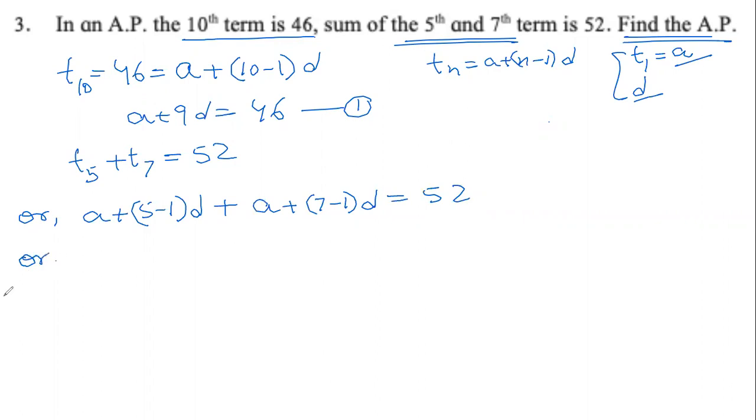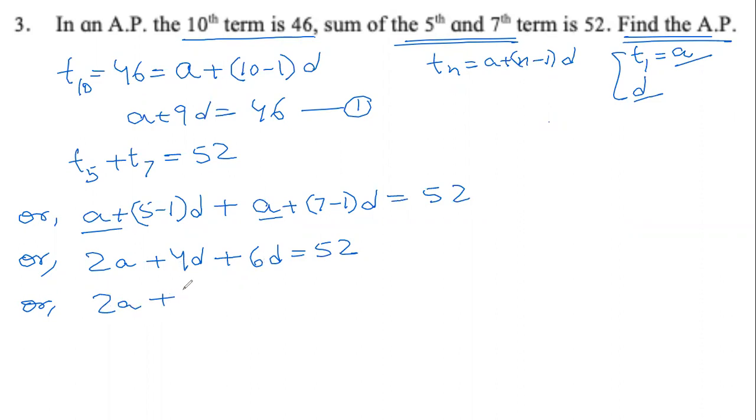Now comes simplification. A and A, 2A. 5 minus 1 is 4. 7 minus 1 is 6. 4 plus 6 is 10D. So 2A plus 10D equals 52.